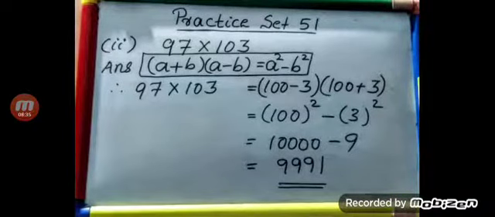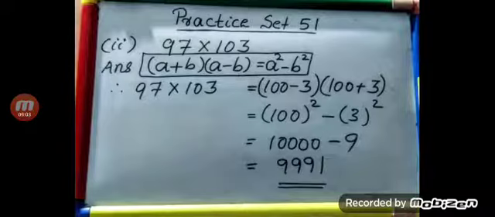Second one, 97 multiplied by 103. Here also the same formula, a plus b into a minus b is equal to a square minus b square. First, write the numbers in the form a plus b into a minus b. 97 you can write as 100 minus 3, and 103 means 100 plus 3.